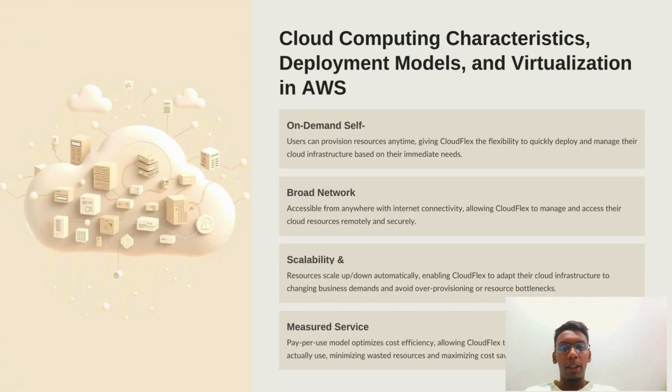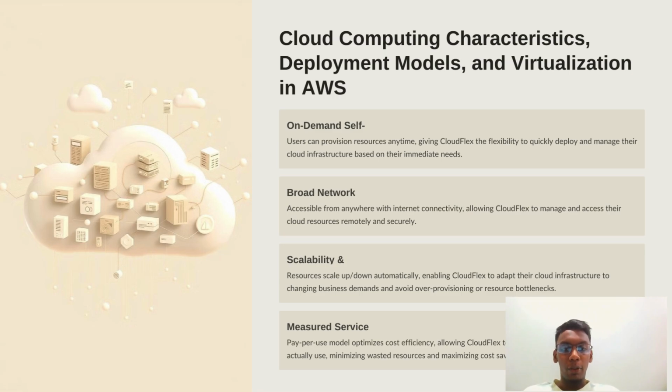Alright, here I'll be explaining cloud computing characteristics, deployment models, and virtualization in AWS. We have provided you with four important points. First one is on-demand self-service. Users can provision resources anytime, giving CloudFlex the flexibility to quickly deploy and manage their cloud infrastructure. Secondly is broad network access.